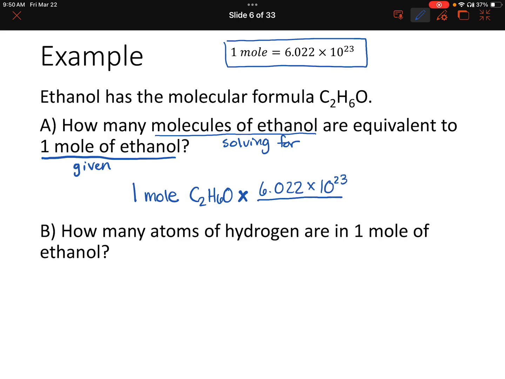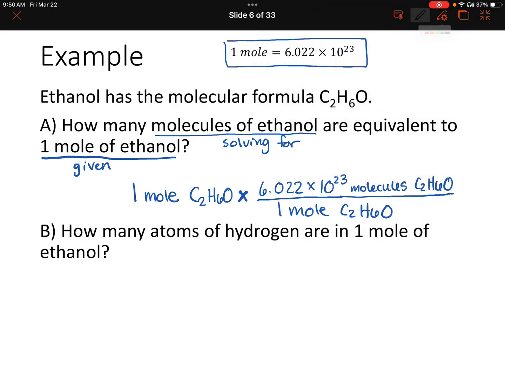Remember, we can use any unit, so whatever we're counting can go after Avogadro's number. I'm going to use molecules of C2H6O. Then in the denominator, I'll put the other side of my equality, which is 1 mole of C2H6O.